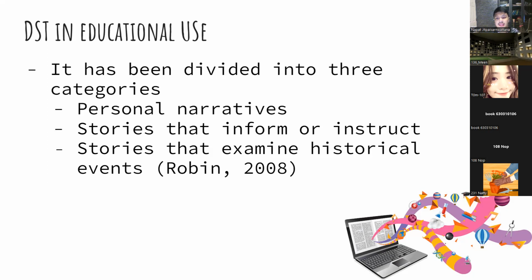Okay. And the last one is the story that examines historical events. So it's a story that tells about the past events in history. Okay, so these are the 3 main categories of digital stories that have been used in educational settings, right?